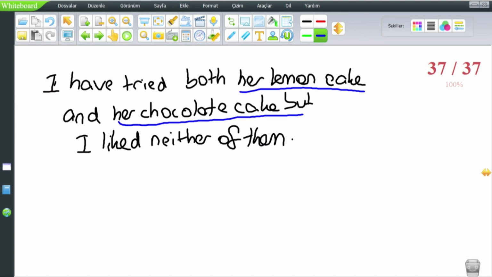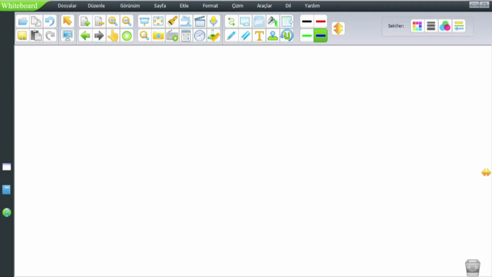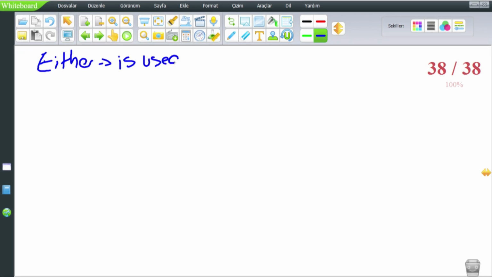Now, our last quantifier is either. Either is used for two people or things.